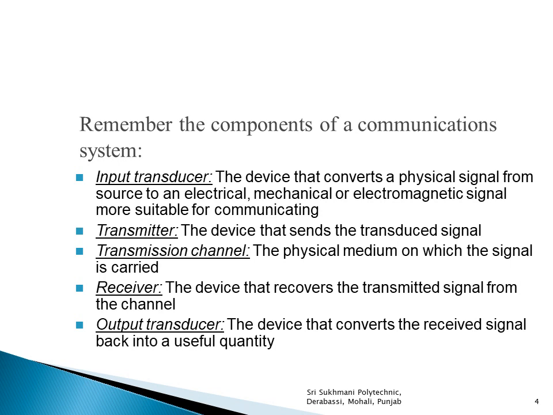So whatever you speak from your mobile, when it goes to your friend or your parents or any person you called, the receiver at the receiving end recovers the original information from the transmitted signal. Then the output transducer converts the electrical signal back into a useful quantity.